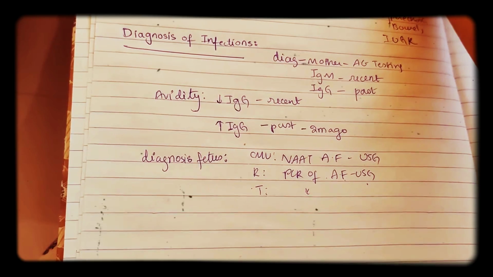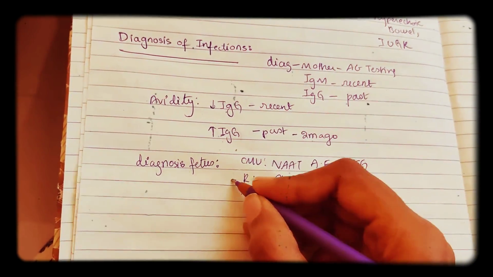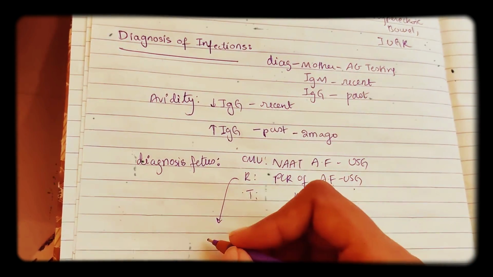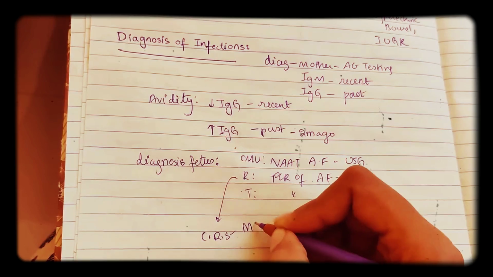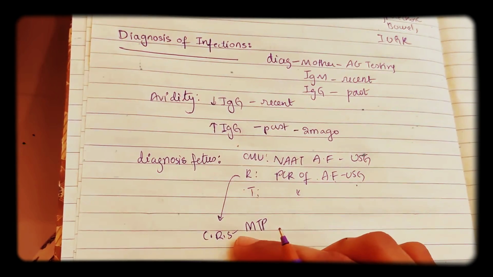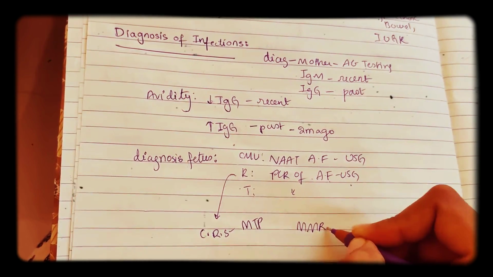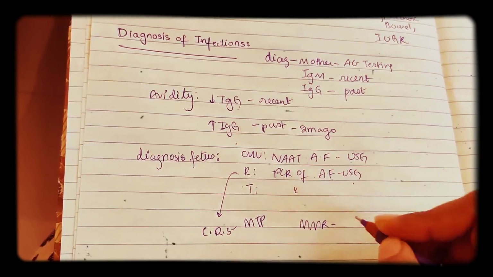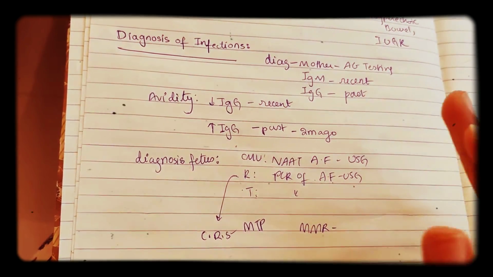Now coming to management of rubella and toxoplasma. Coming to rubella, congenital rubella syndrome is an indication for MTP, so you will do medical termination of pregnancy. Congenital rubella syndrome is very severe. You can give MMR vaccine, that is measles, mumps, rubella vaccine. It should be given to all non-pregnant females who didn't receive it in childhood.